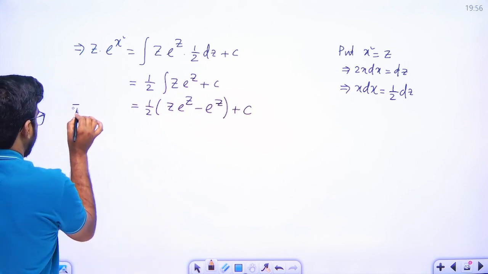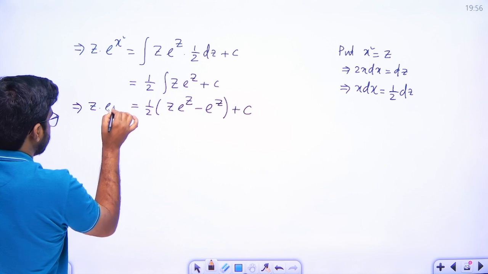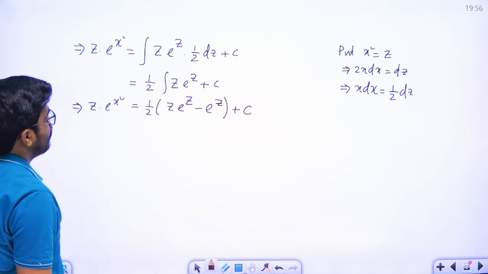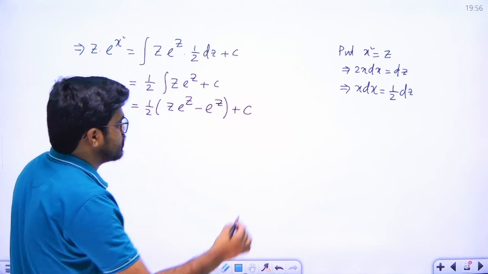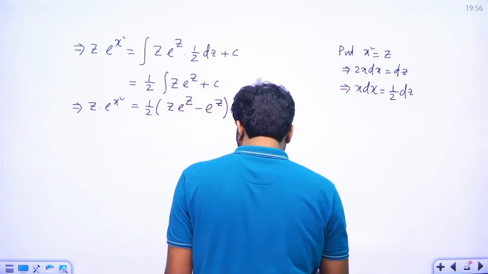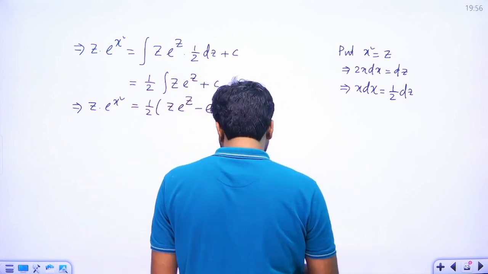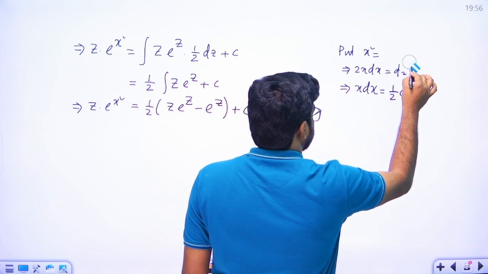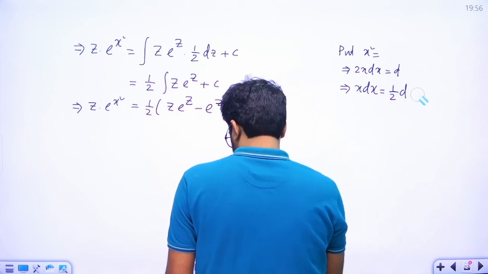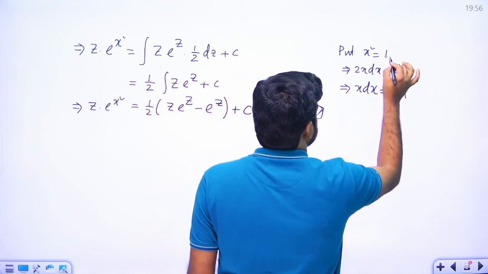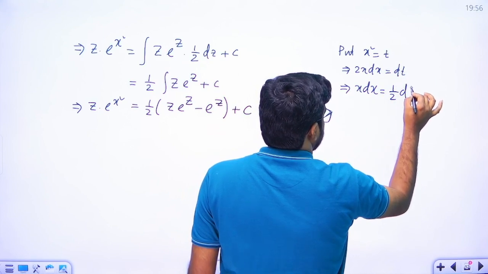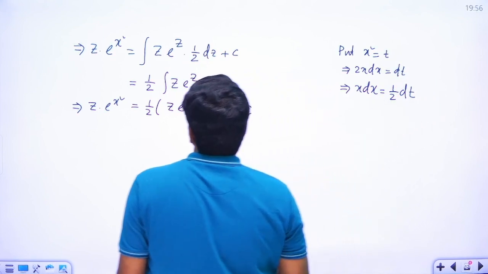So z e to the power x square. We have already considered z, so instead of z, consider this as t. Already we considered z, so this is t, 1/2 dt.